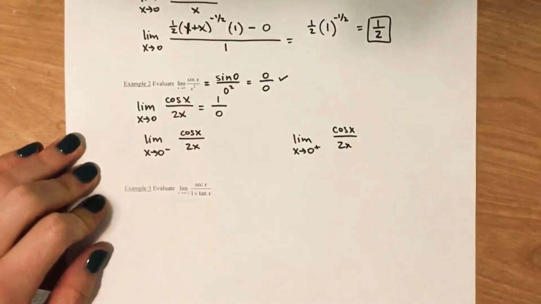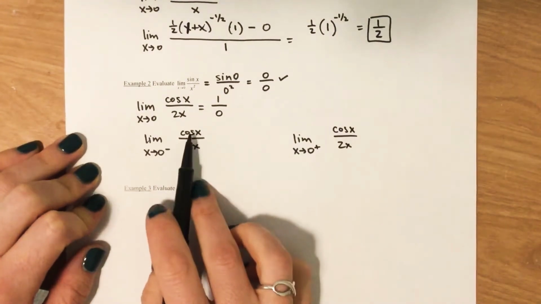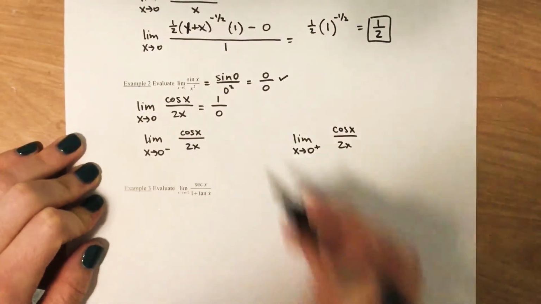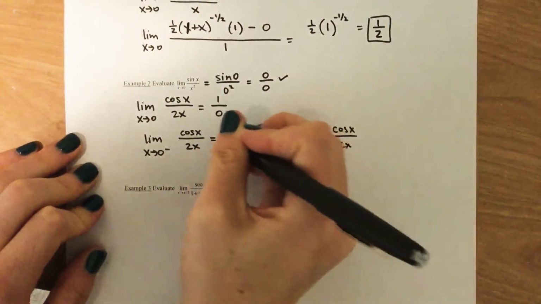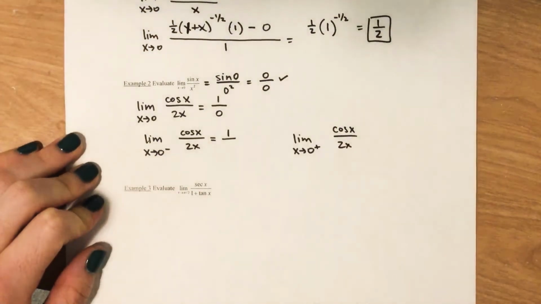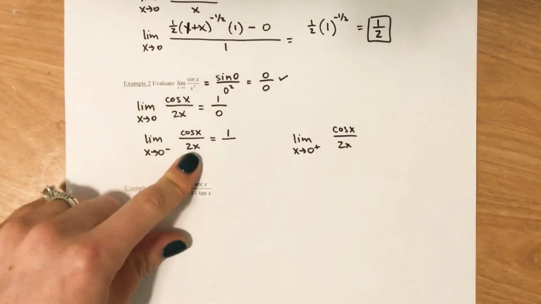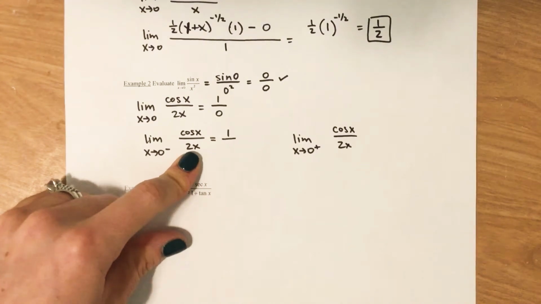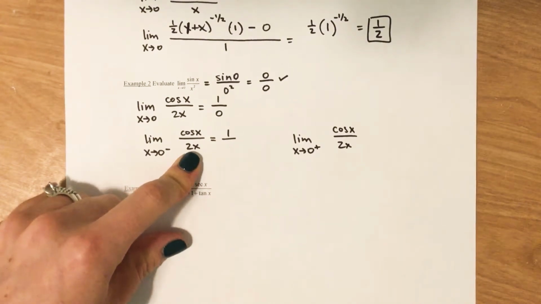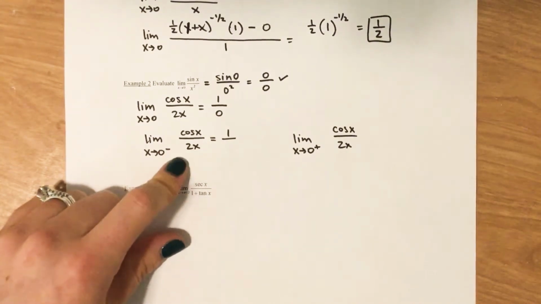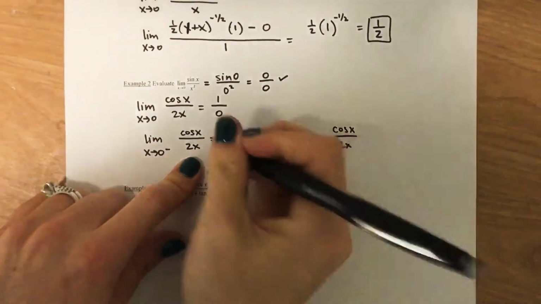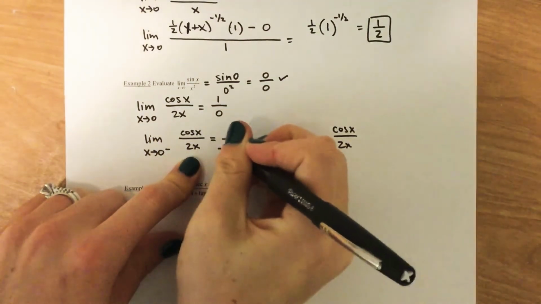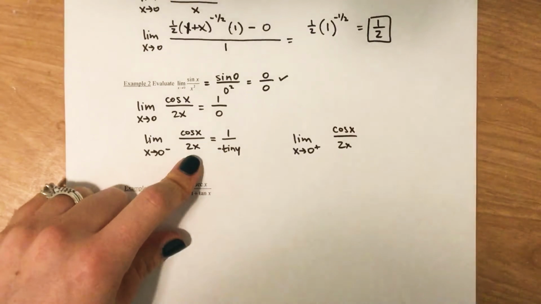Okay, so left limit. If we plug in 0 or something really close to 0, the numerator is going to be something that's really close to 1. And then the denominator, if I plug in something that's really close to 0, is going to be close to 0, but the important part is that I'm plugging in a negative tiny number. So if my denominator is a negative tiny number, when I multiply it by 2, it's still a negative tiny number.